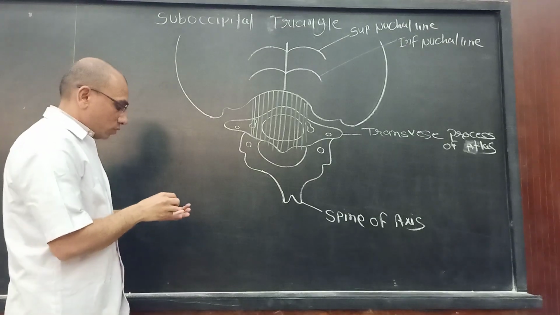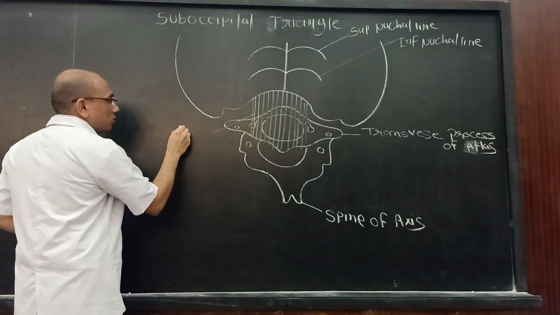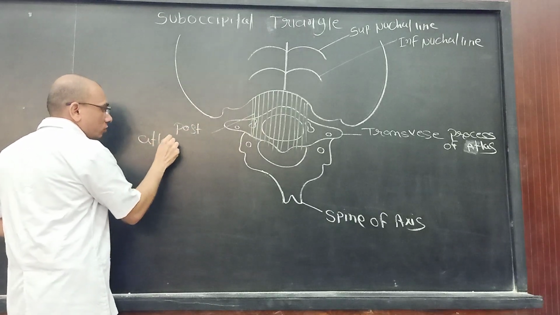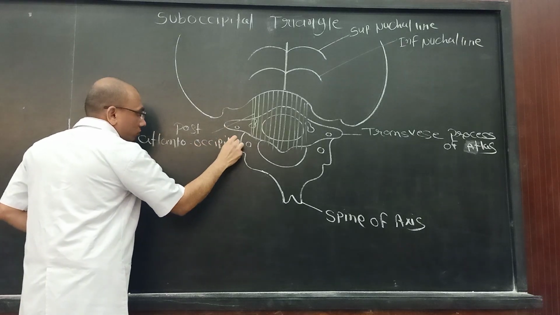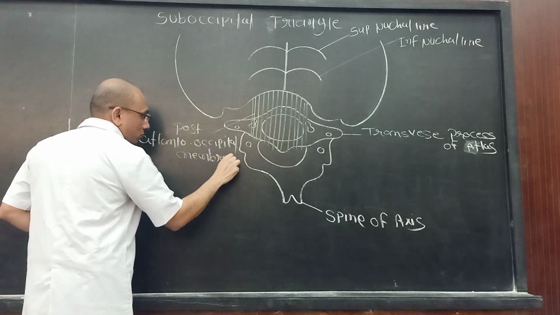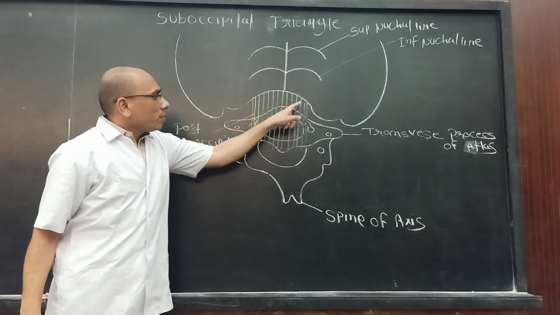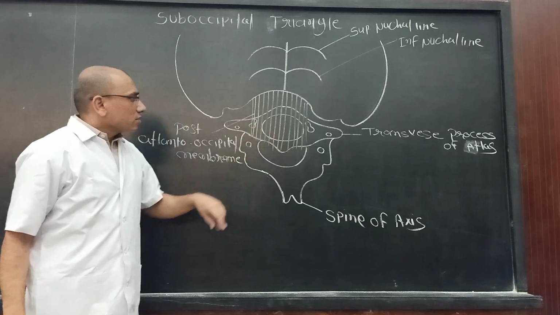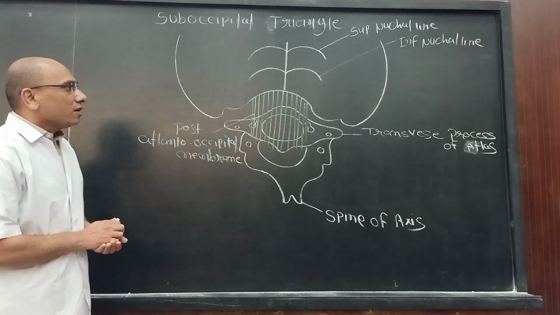This membrane is called posterior atlanto-occipital membrane, from the posterior margin of foramen magnum to the posterior border of the posterior arch of atlas, which forms the floor of the suboccipital triangle.